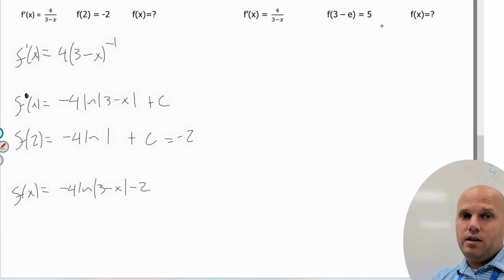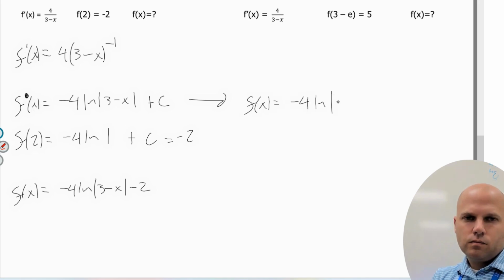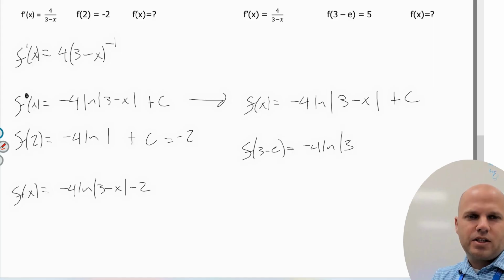F of 3 minus e equals 5. Very interesting. Same deal though, I'm going to have the same antiderivative. So I already know I have that. F of 3 minus e. Now here's the key, which I know a lot of you will make a mistake on. It's a classic mistake. You're subtracting 3 minus e.